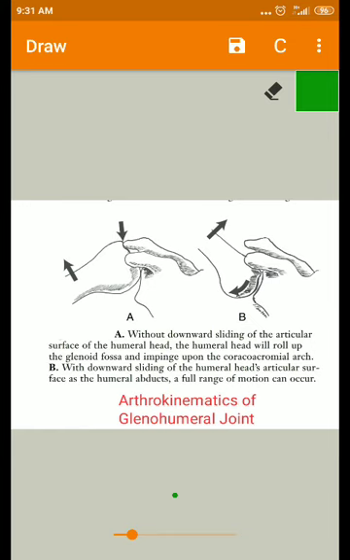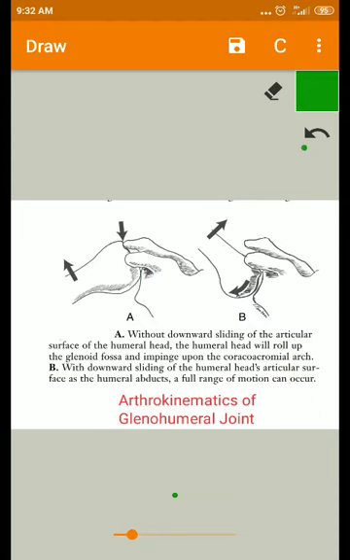Students, welcome back. Now we are going to see the intra-articular contribution to glenohumeral motions, that is the arthrokinematics. Full range of glenohumeral joint motion requires the function of the intra-articular structures in incongruent surfaces.